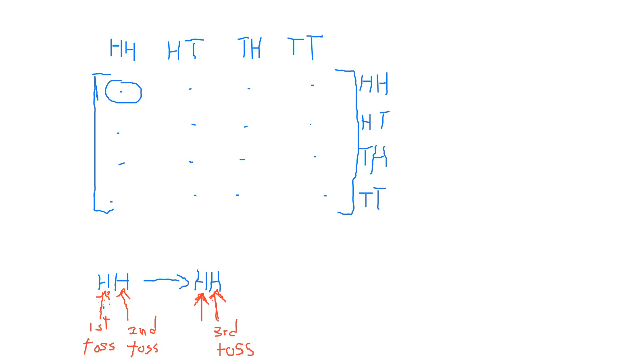That's right, Noah. What they're doing is formulating a coin flipping experiment, and they want to write it as a Markov chain. So the first HH means the first toss was a head, the second toss was a head.